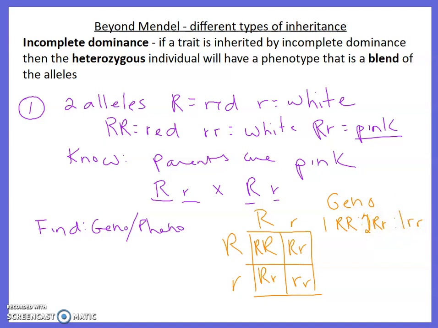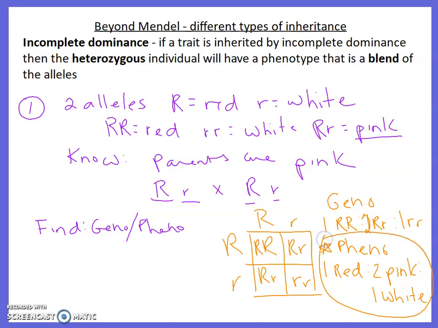Our phenotypes is where it's different. Our phenotype ratio would be 1 red to 2 pink to 1 white. So instead of having that 3-to-1 like we saw in dominant and recessive inheritance, now we have a 1 to 2 to 1 ratio for the phenotypes as well.